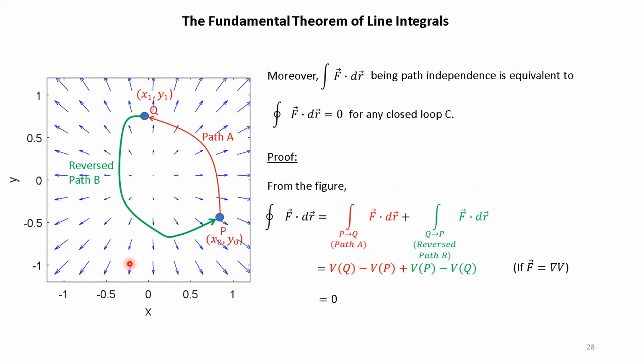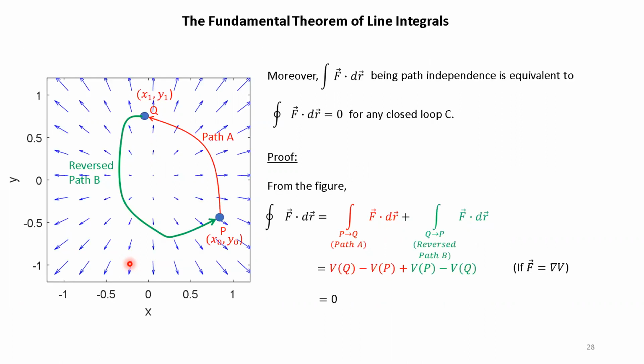So just again, think of electric potential, right? You have a charge in the electrostatic field, and then you move the charge far away, and then go back to the original point. So the work done on the charge by the electric field is 0. Okay.